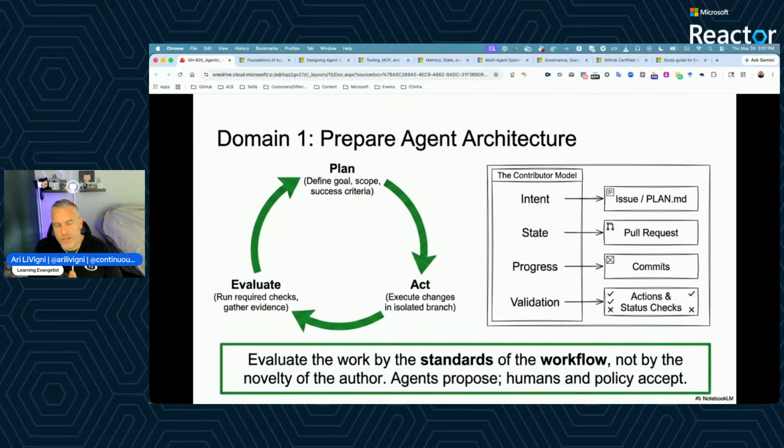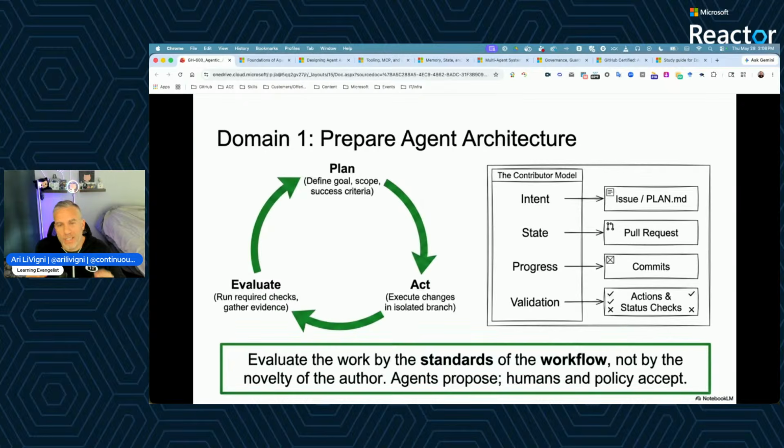We'll also get into the study guide, but for domain one, your state is what keeps the ultimate state that the agents and Copilot can check against: your issues and your pull requests. The progress is seeing those commits happen, and then the validation. Like normally with anything in our workflow, we want to validate, we want status checks, and that's what our actions do.